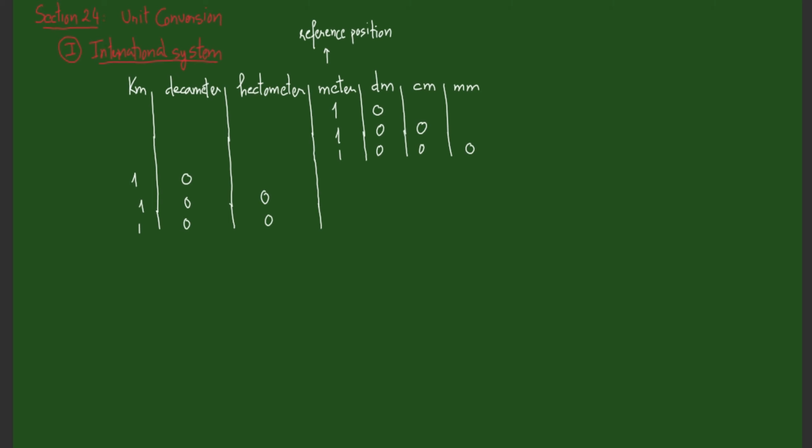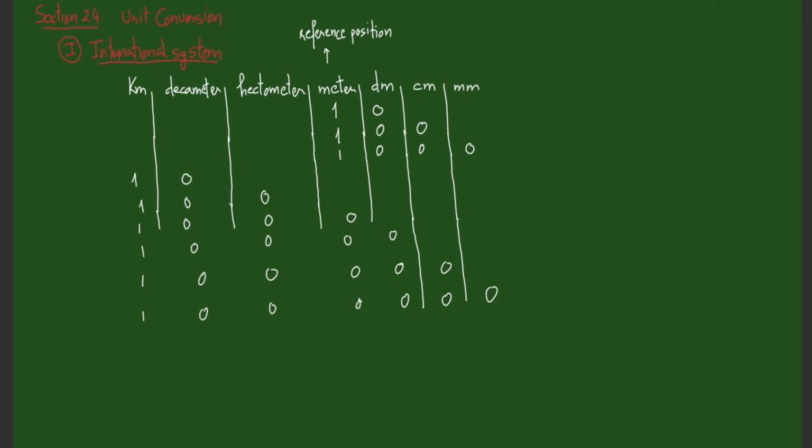So 1 kilometer is 10,000 decimeter, 100,000 centimeter, and a million millimeter. A million. 1 kilometer is a million millimeter.